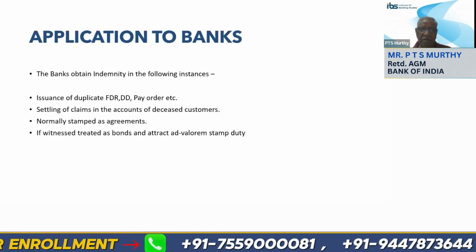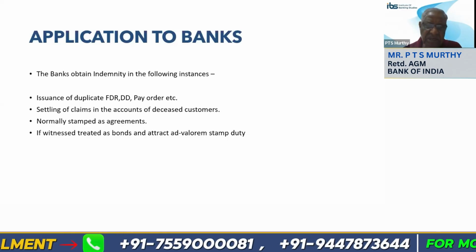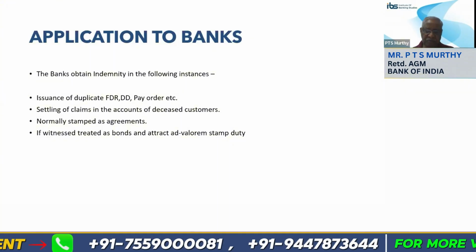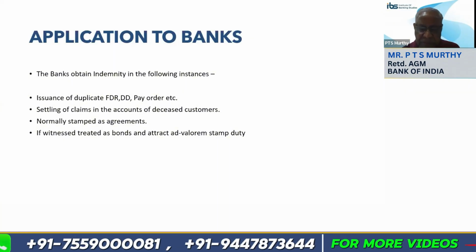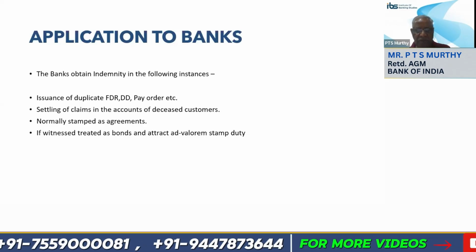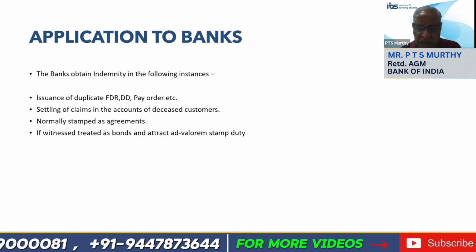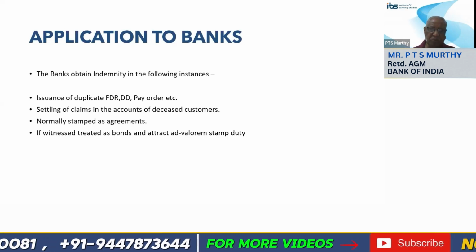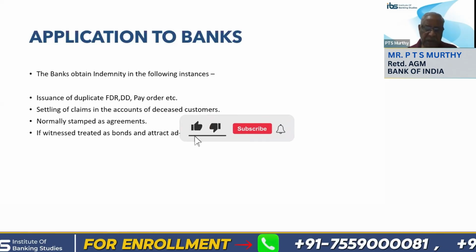For example, we have issued a demand draft for 1 lakh rupees and the customer has asked us to give a duplicate demand draft. Then we take an indemnity from the customer. The indemnity has to be stamped as an agreement. For example, in the state of Andhra Pradesh or Telangana, an agreement attracts a stamp duty of 100 rupees. So we put 100 rupees stamp duty and then take the agreement.